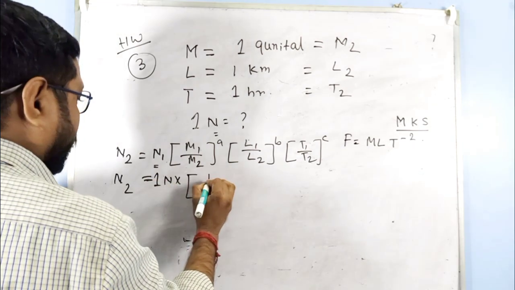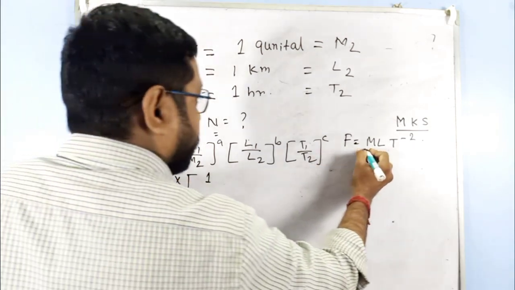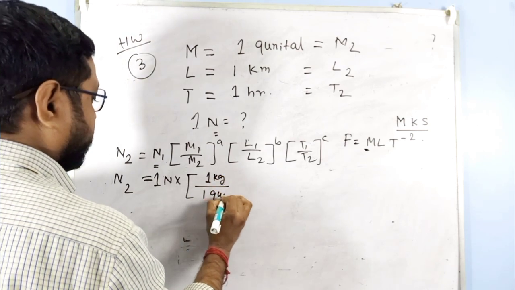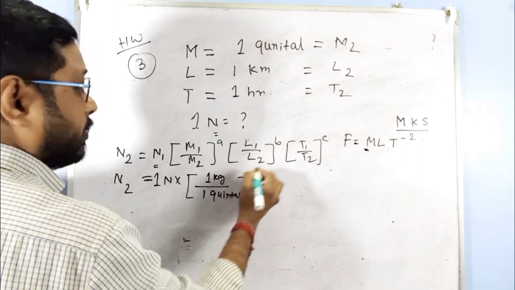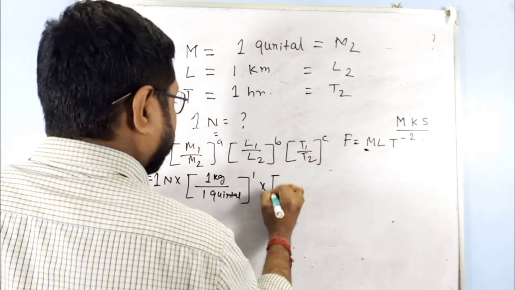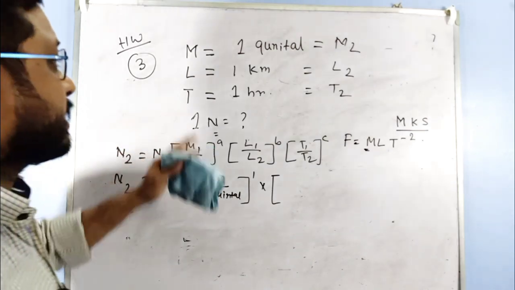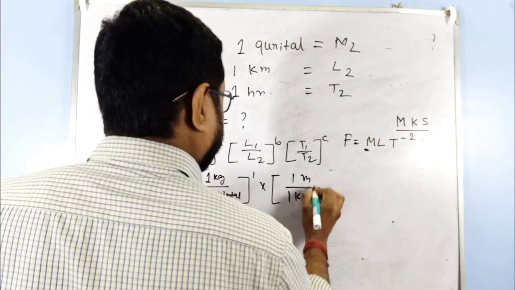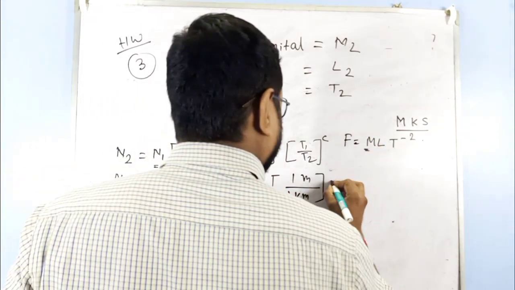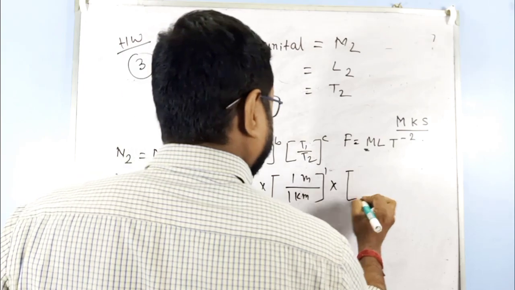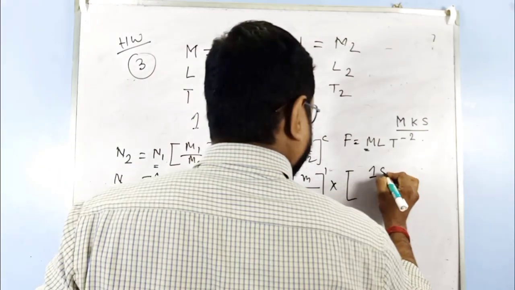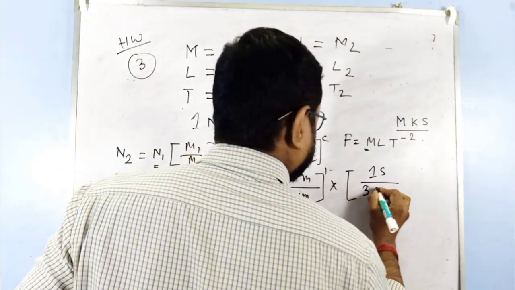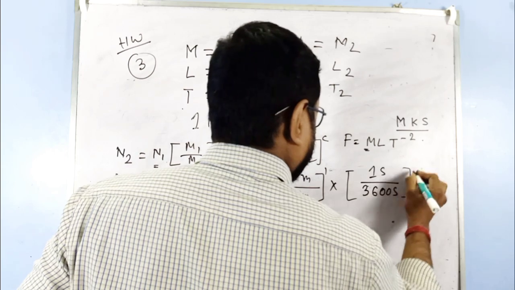So M1 is 1 kg and M2 equals 1 quintal, to the power a, multiplied by L1, which is 1 meter, divided by 1 kilometer, that is L2, to the power 1, and T to the power minus 2, that is 1 second divided by, in the new unit, 1 hour, that is 3600 seconds, to the power minus 2.